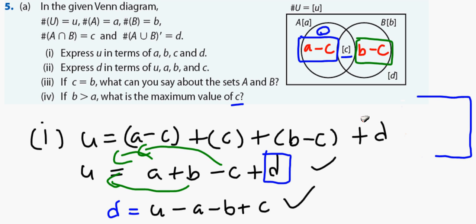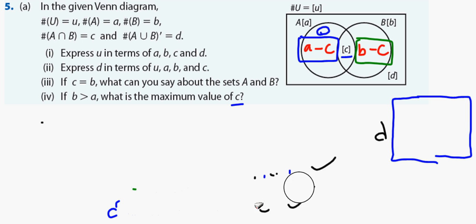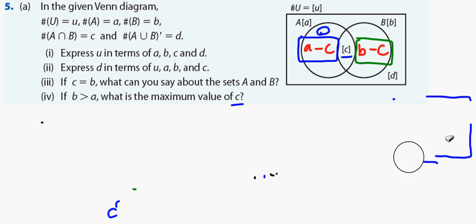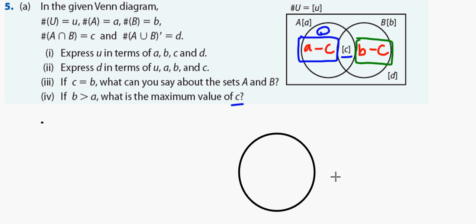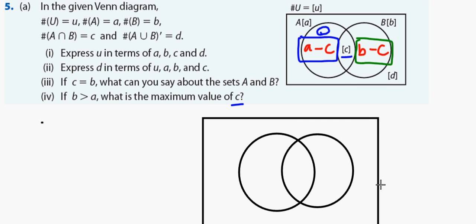So if you imagine, okay, we can sort of rub this out now. We actually don't need this anymore. Okay. So if you could imagine basically your two Venn diagrams here as shown, and your rectangle on the outside.